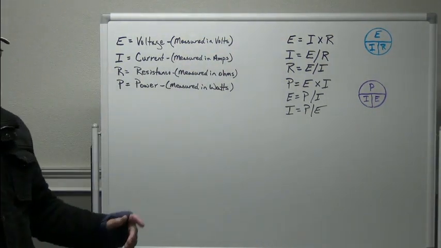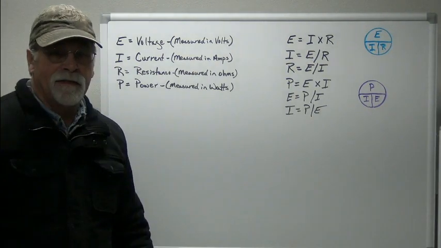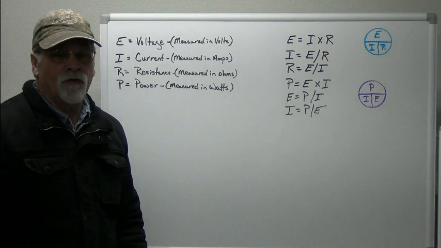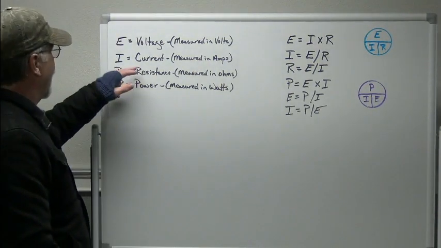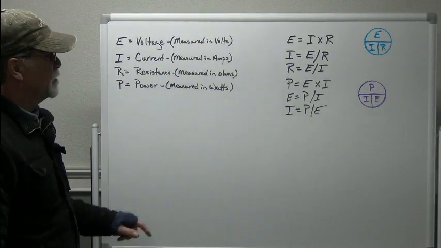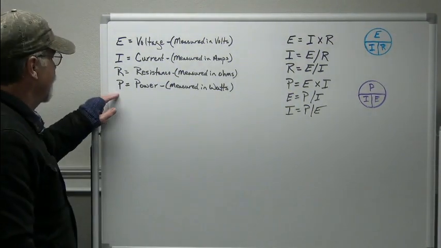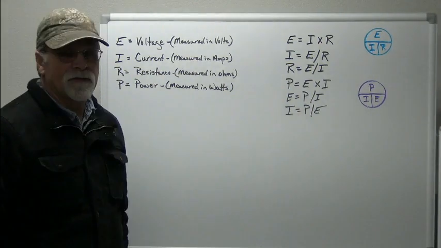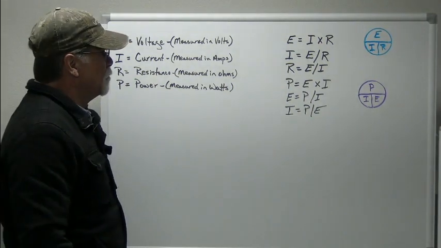I, back when they first came up with these equations, they used I for intensity, but anyway, I is current, measured in amps. R is for resistance, measured in ohms. And P is for power, measured in watts, just like we mentioned a moment ago.